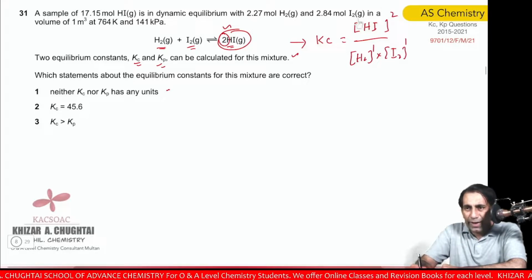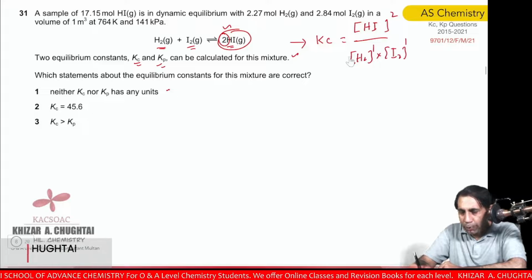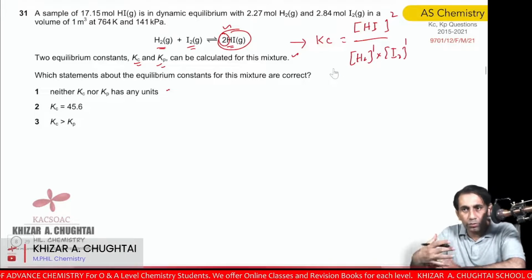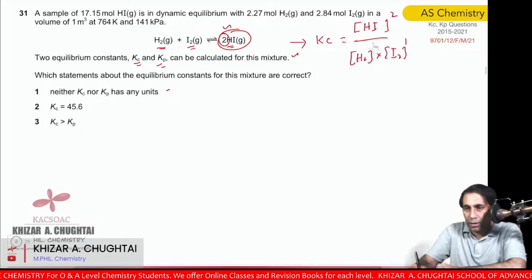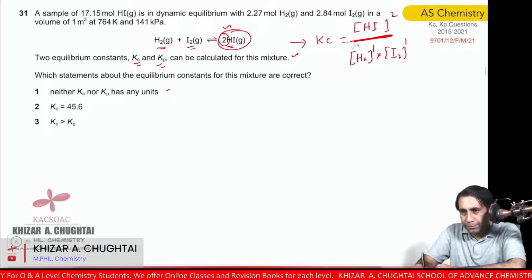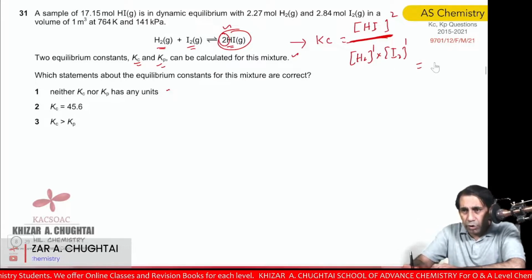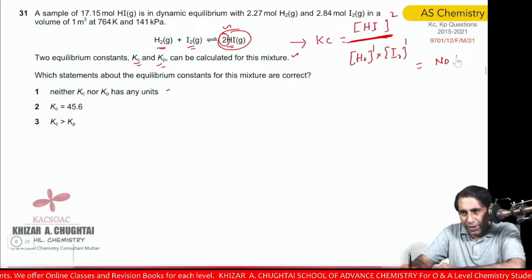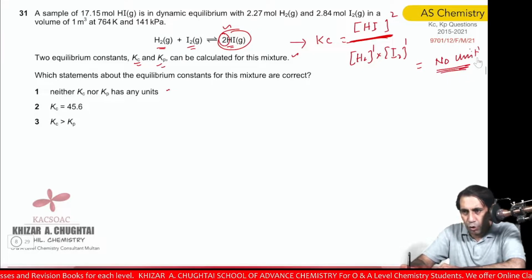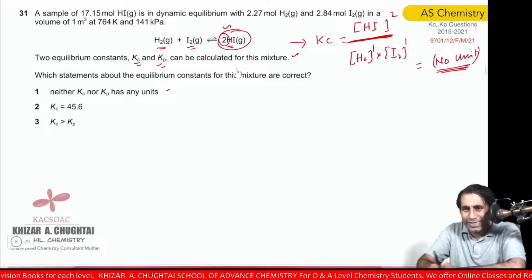So the number of brackets in numerator and denominator are equal. If the brackets are equal, they will cancel out and there will be no unit for this reaction. Yes, it is true. Kc has no unit.